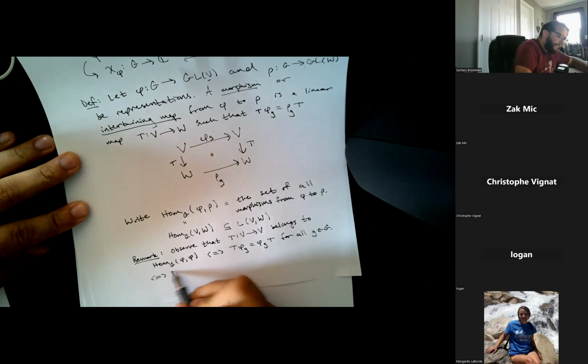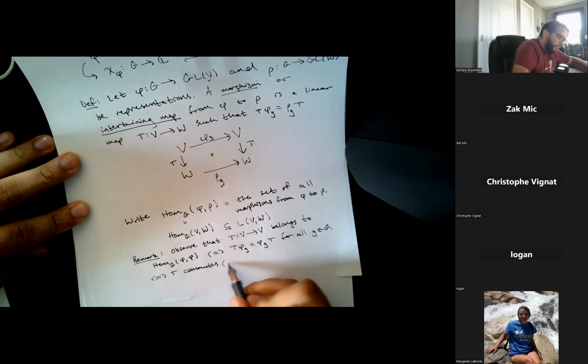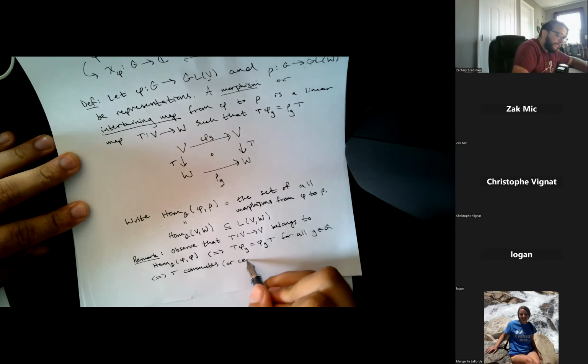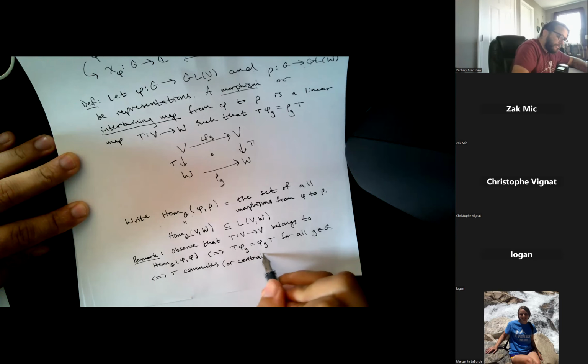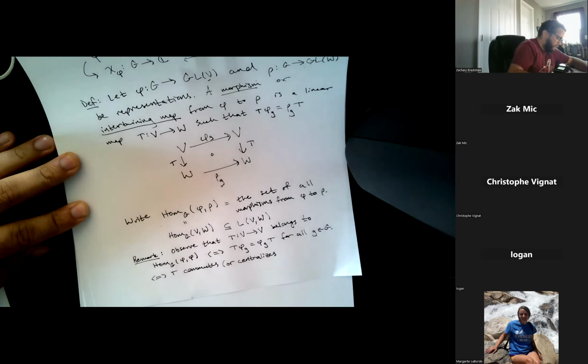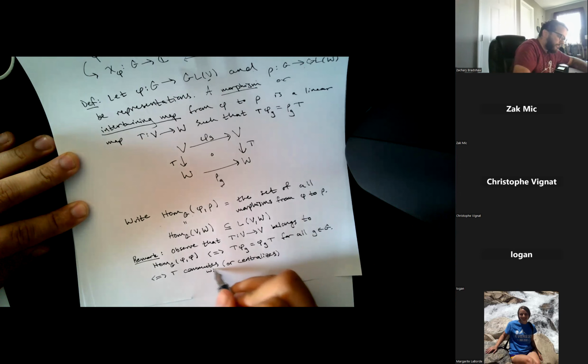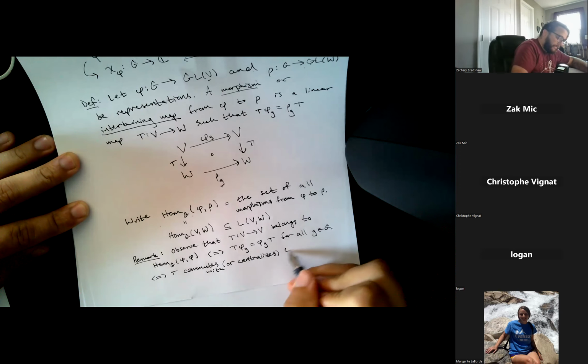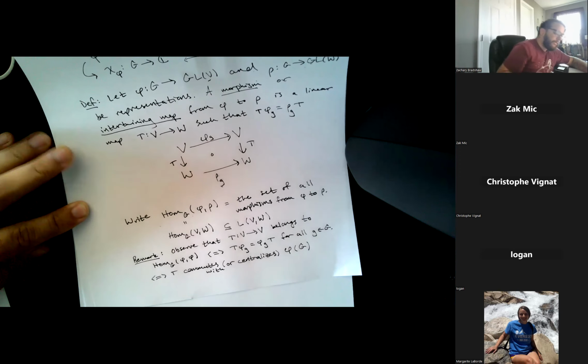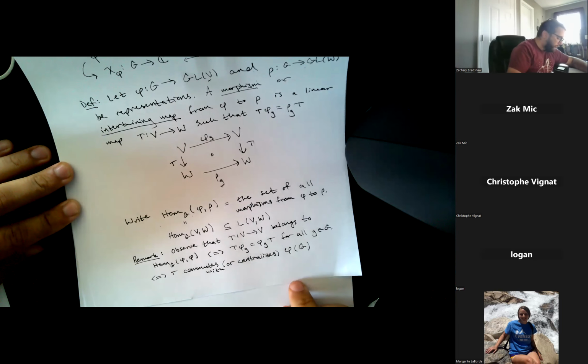Another way of saying that is T centralizes the image of phi.